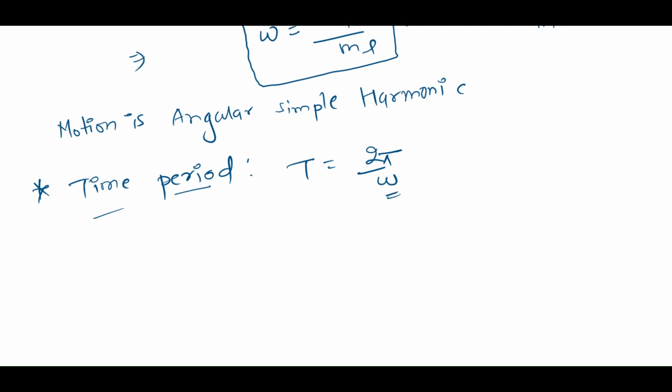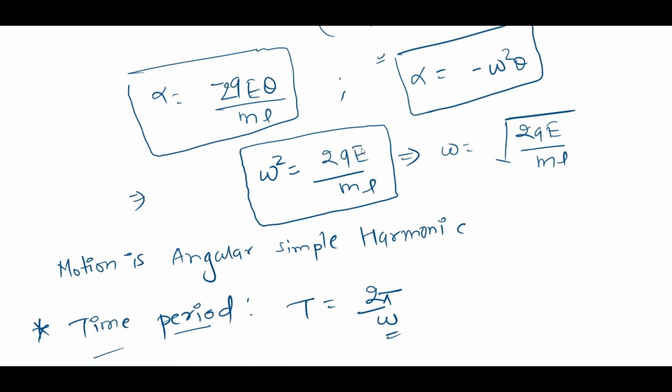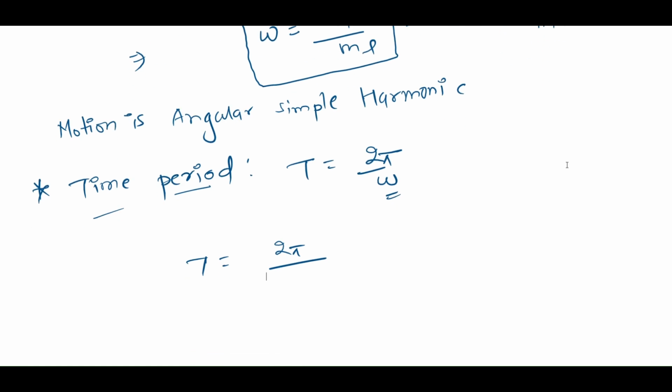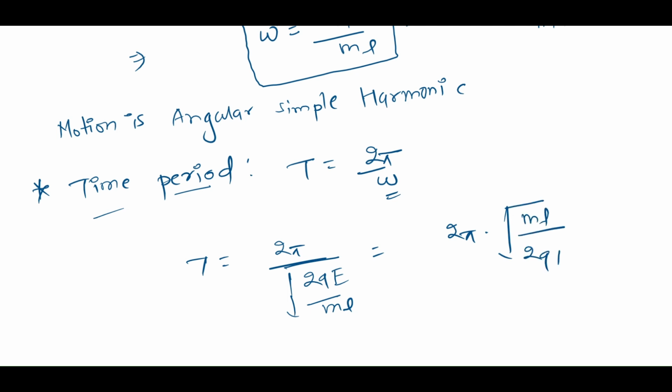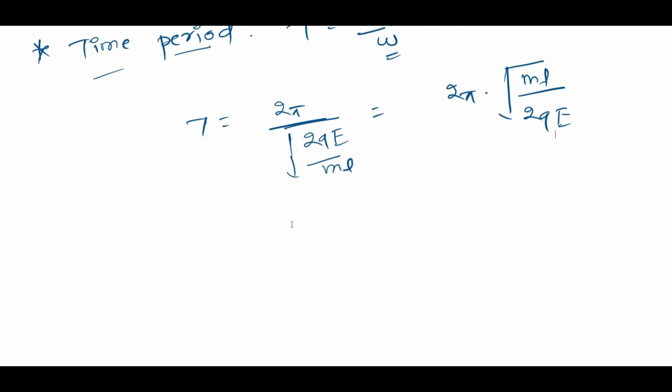We have omega, so from omega we can find T. T is 2 pi upon root of 2 Q E upon m L, so T is 2 pi root of m L upon 2 Q E. This is the value of the time period for this question.